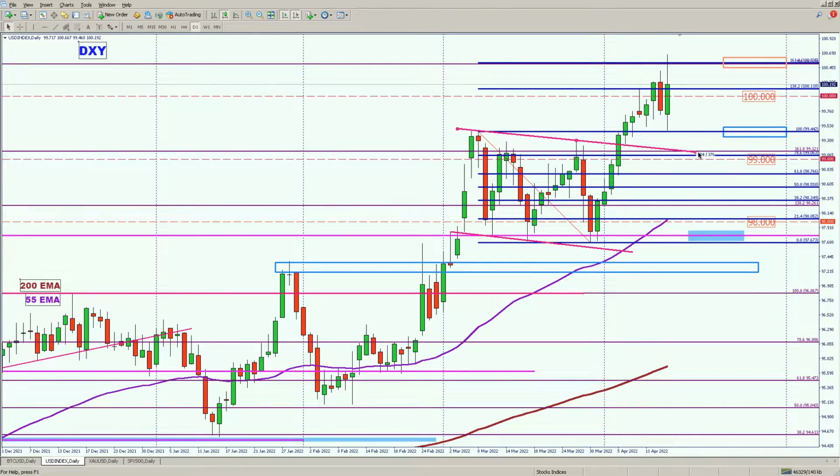Let's extend this. Price could return to test this level if it dips lower. That's where the confluence of the 786 and the 162 fib extension is as well.